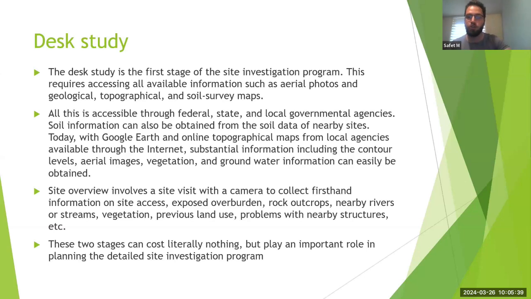Also, depending on the country you are in, a lot of governmental agencies have already gathered some data. For example, where I am in Sarajevo, every time we do a borehole investigation, we need to send all the data to the government because they are making a database. So if you need something, you can withdraw it from the governmental registries.